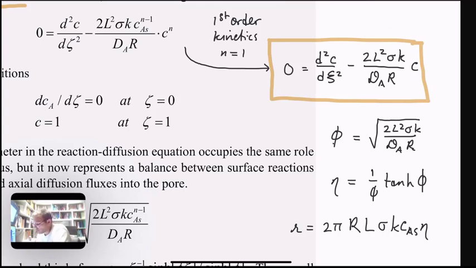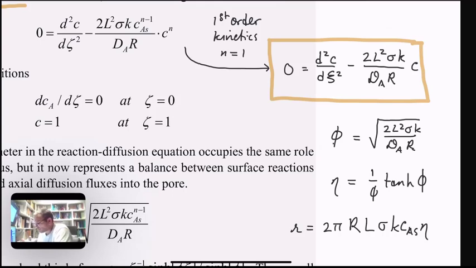So we look at this equation and recognize that there's a new definition of the Thiele modulus for this specific problem, and that it should be the square root of this ratio, 2L squared sigma k over dA r. Notice that there's a radius of the pore involved in defining this Thiele modulus now. So we have not just one length scale L in the problem, but also now another length scale has appeared. And then there's a factor of sigma that's accounting for the density of active sites on our pore walls.